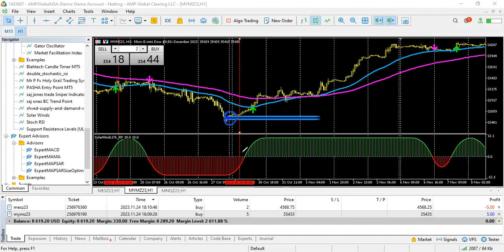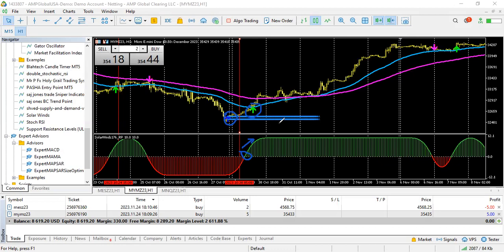You have a cross over the 0 point on the solar wind into the uptrend. And then we have a BC trend point signal letting us know that everything is crossing over into the uptrend.